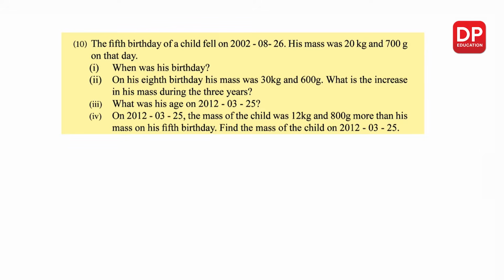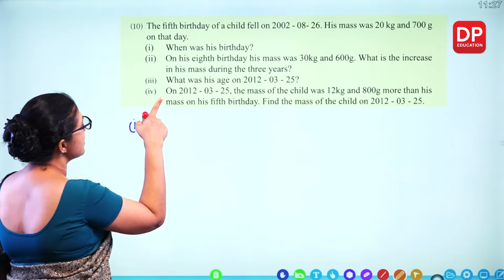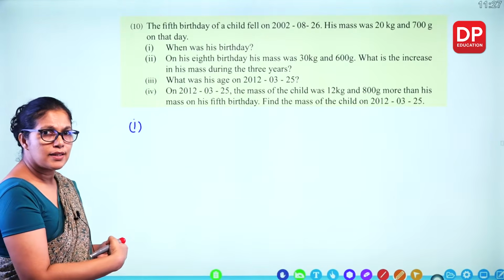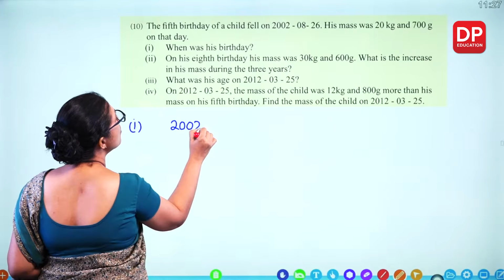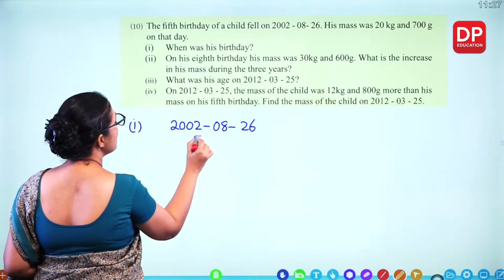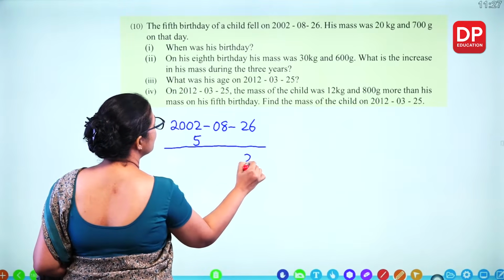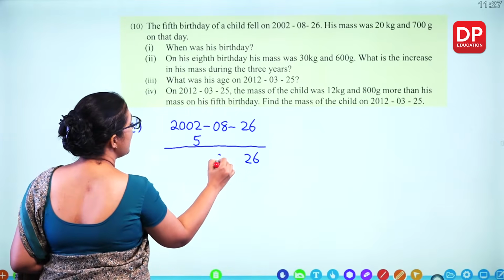The 5th birthday of a child fell on 2002, 8/26. His mass was 20 kilos and 700 grams on that day. When was his birthday? 5th birthday is this. So subtract 5. 2002 minus 5, 8/26.